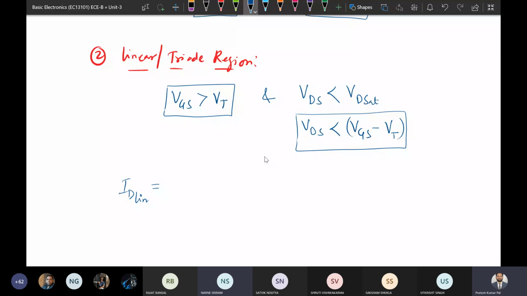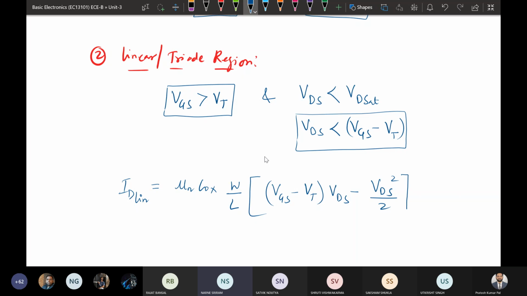That linear region current is given by mu n Cox W by L into (VGS minus VT) into VDS minus VDS whole square. So this is the current equation in case of linear region.